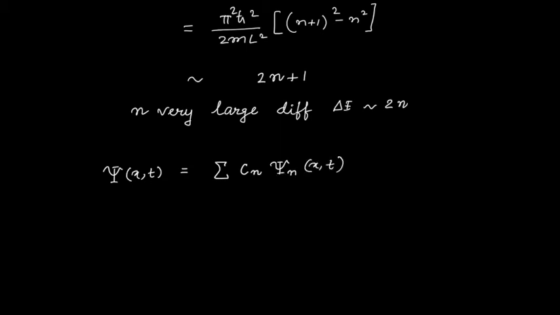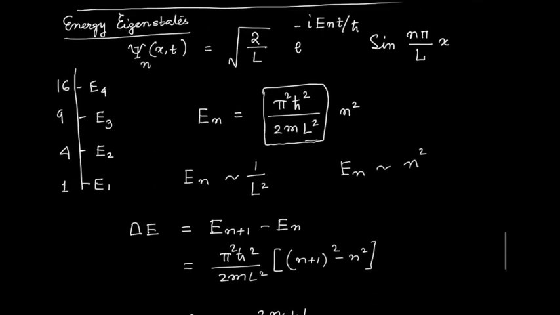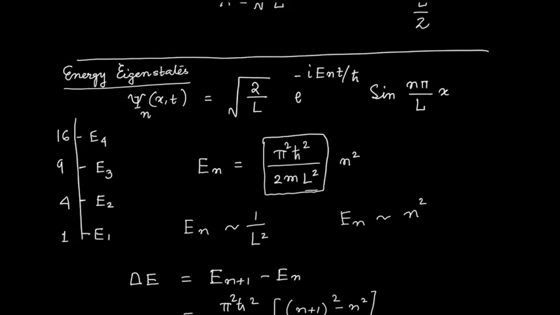Which begs a question. Is the energy eigenstate, which is this, also a momentum eigenstate? Remember, we said that if two operators share the same eigenstates, then they will also commute with each other.